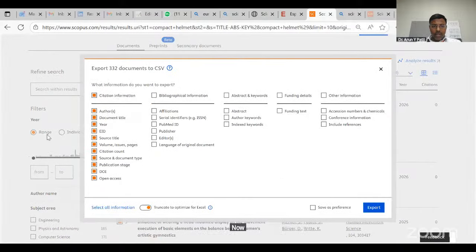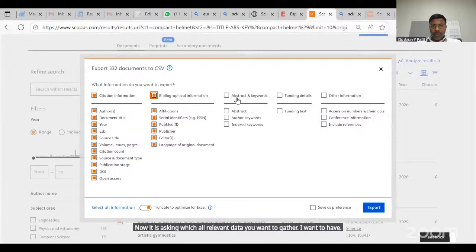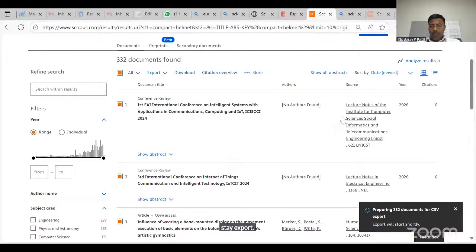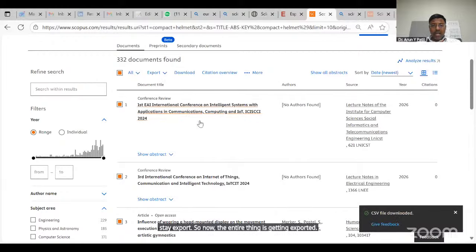Now it is asking which relevant data you want to gather. I want bibliometric, abstract, funding, and other information. All these I would like to have, so I say export. Now the entire thing is getting exported. What I did was a basic literature survey, right?